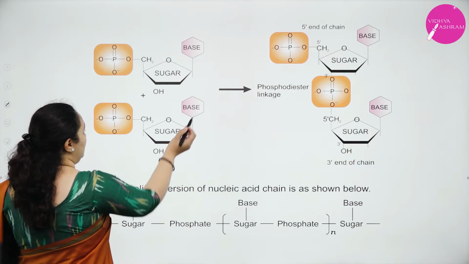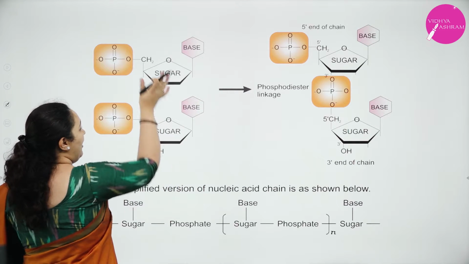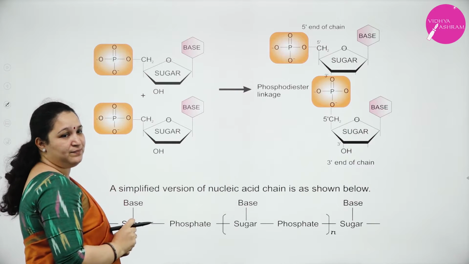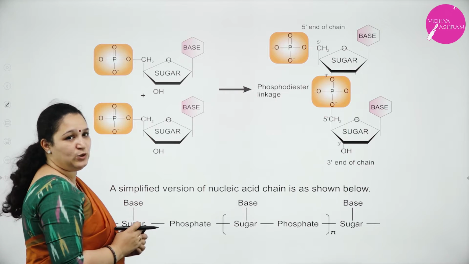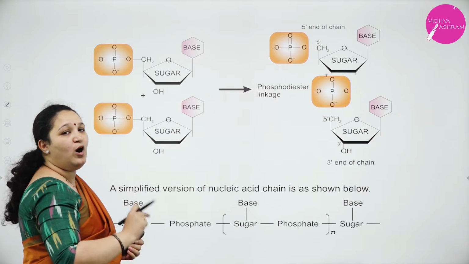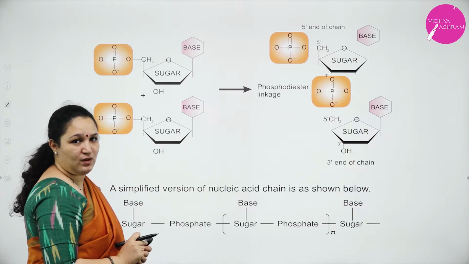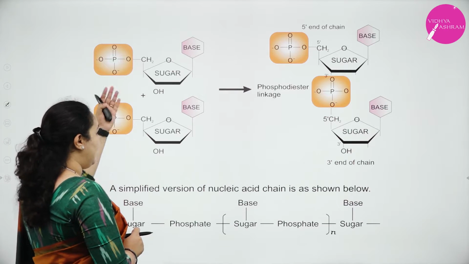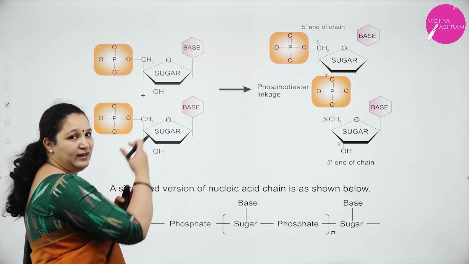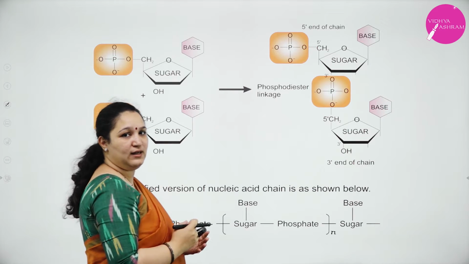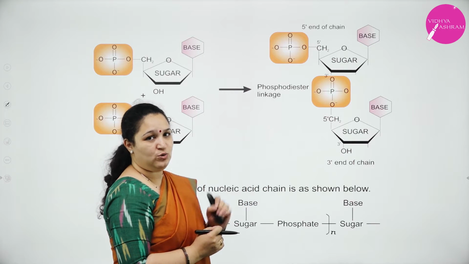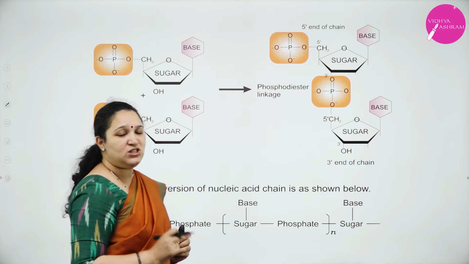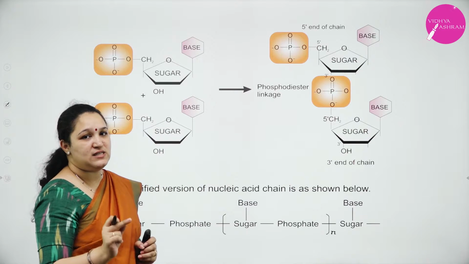Now you have the nucleotide, and you have many nucleotides; they have to be linked with one another to form polynucleotides. The nucleotides get linked to one another to form polynucleotides with the linkage called the phosphodiester linkage.